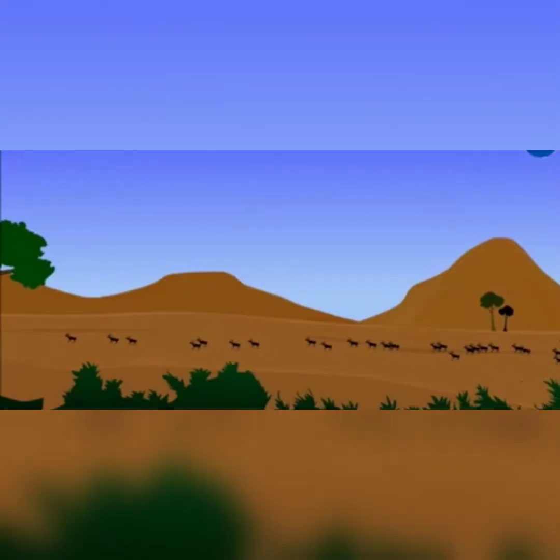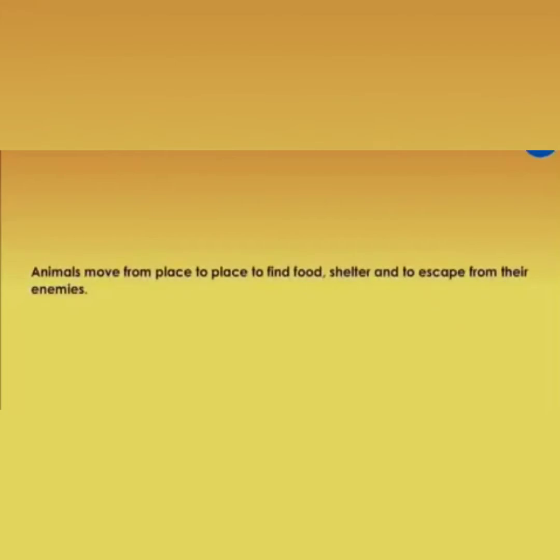Animals move from place to place to find food, shelter, and to escape from enemies. Most animals move about freely from place to place. This is called locomotion.